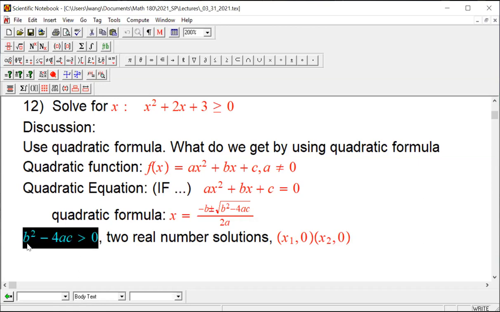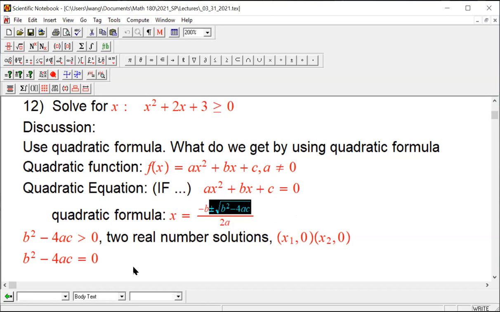What if this b squared minus 4ac is 0? So if this guy is 0, the entire square root is 0. So you plus or minus 0, and this entire piece is gone. So you only have one real number solution.